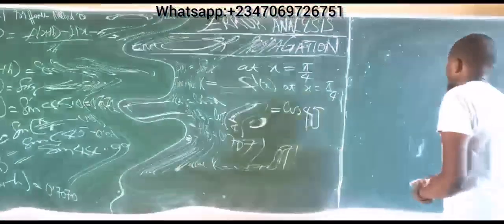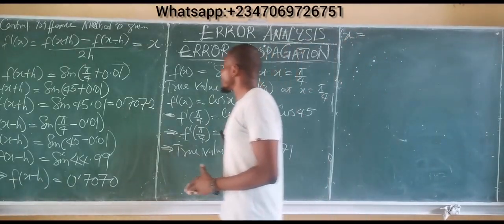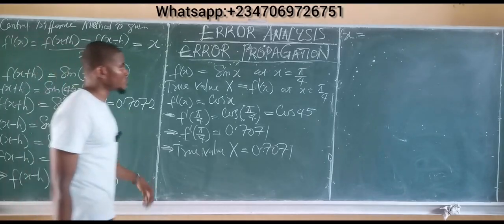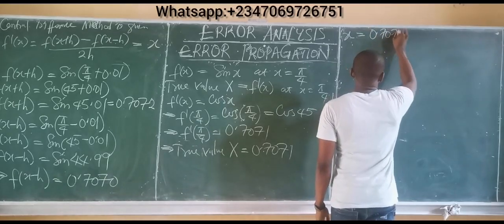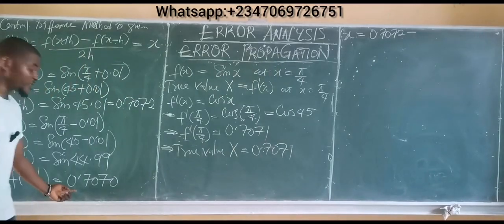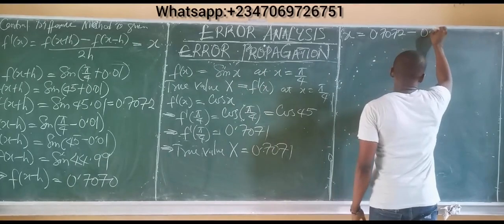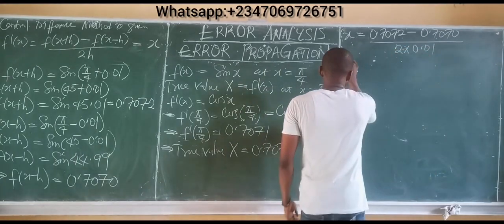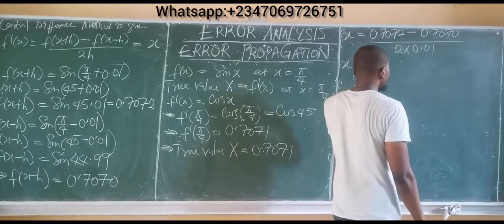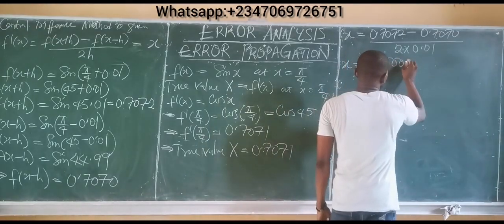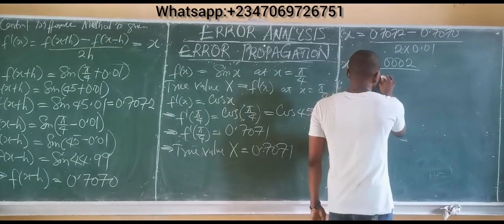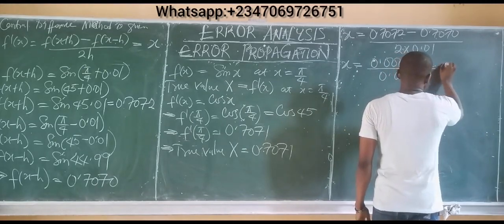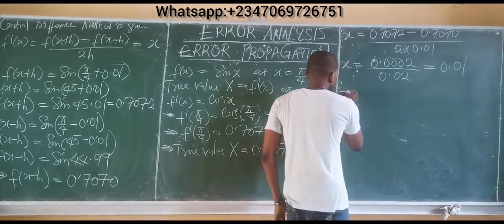The approximate value x is equal to f of x plus h, which is 0.7072, minus f of x minus h, which is 0.7070, divided by 2 times h, where 2 times h is 0.02. So 0.7072 minus 0.7070 gives us 0.0002, divided by 0.02, and this value is equal to 0.01. So our approximate value x is 0.01.